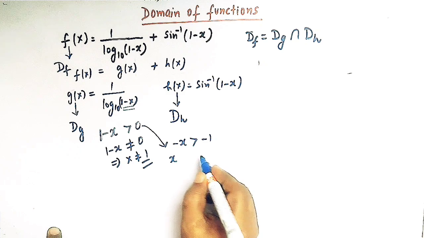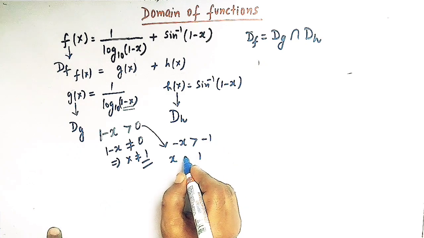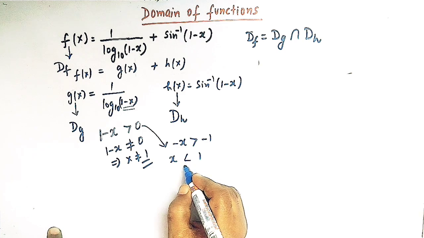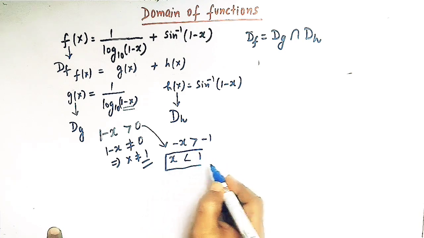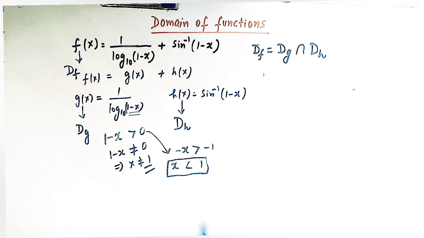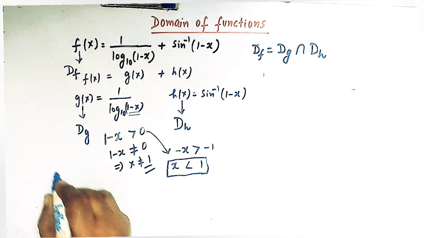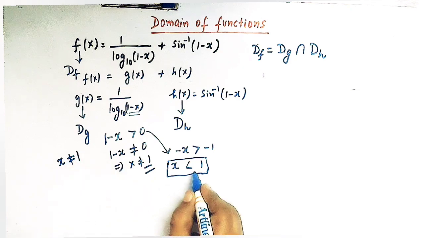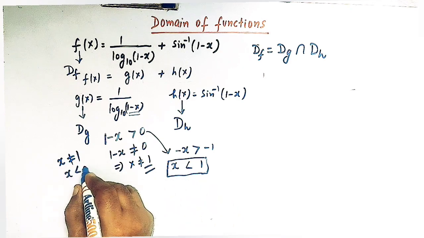Here we have x and here we have 1, and the direction of the inequality gets reversed, right? So x should be less than 1. So we have the conditions that x should not be equal to 1 and x should be less than 1.